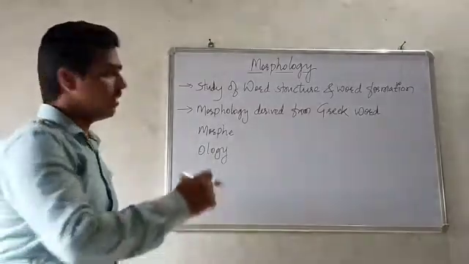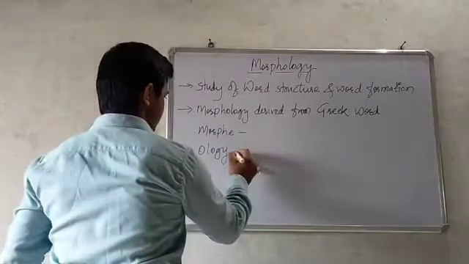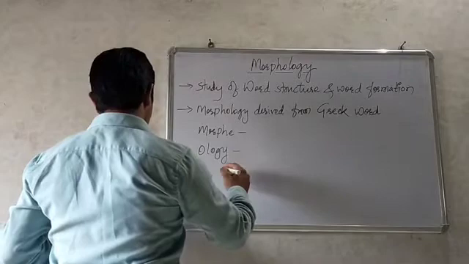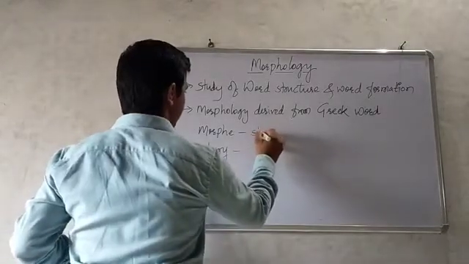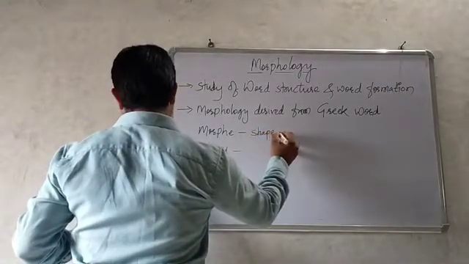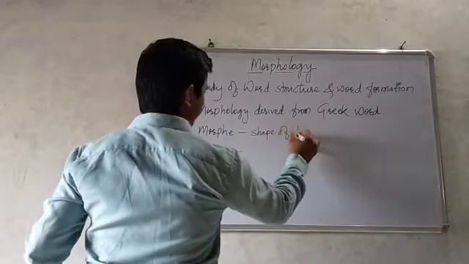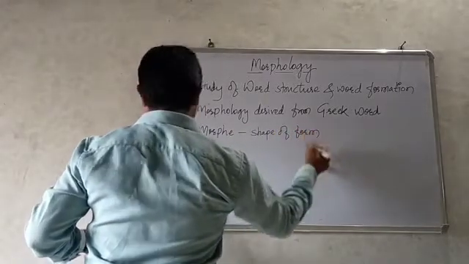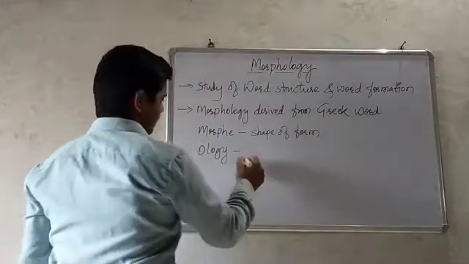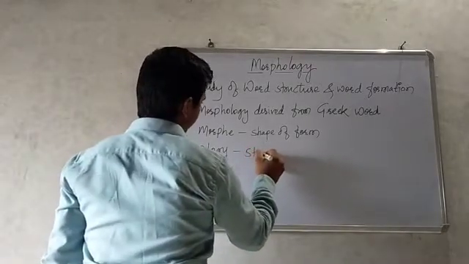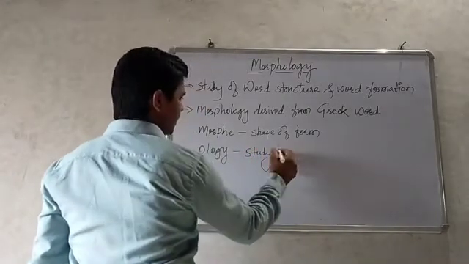So let us know the meaning of these words. Morphe means shape or form, and ology means the study of something.